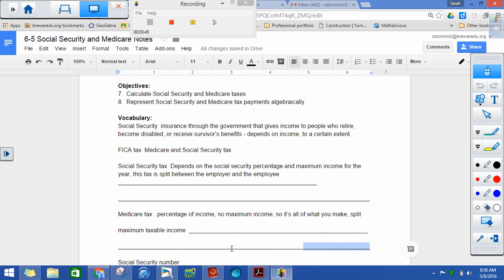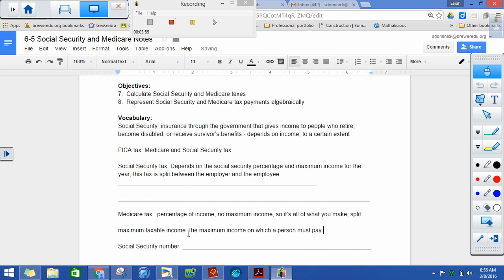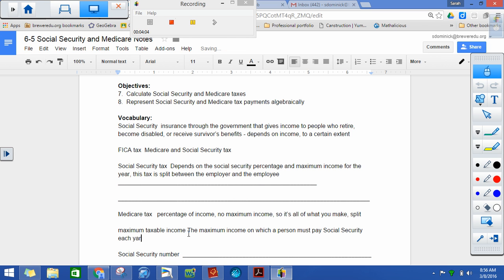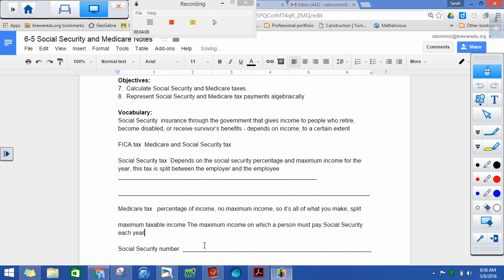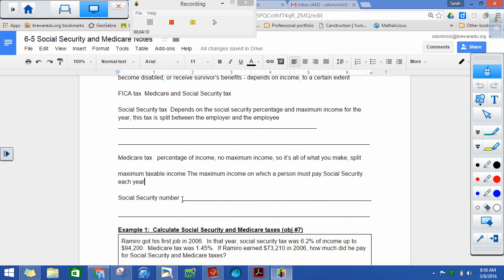So the maximum taxable income is the maximum income on which a person must pay Social Security. And this is each year. Your Social Security number is just a number assigned to you to keep track of your taxes.